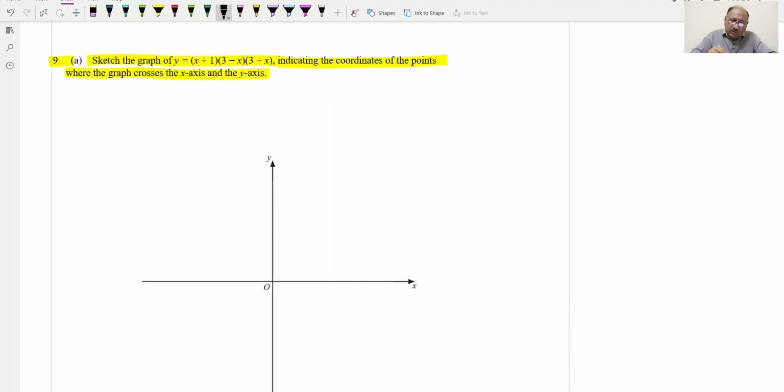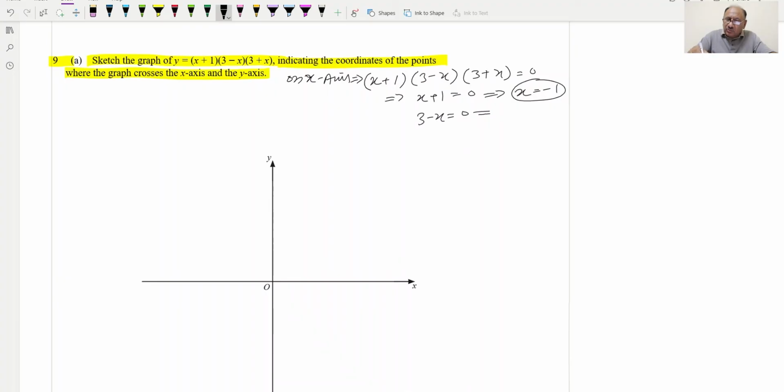On the x-axis, y will be equal to 0, so we'll get this equation. So this implies x plus 1 is equal to 0, which implies x is equal to minus 1. And 3 minus x is equal to 0, this implies x is equal to 3. And 3 plus x is equal to 0, this implies x is equal to minus 3.